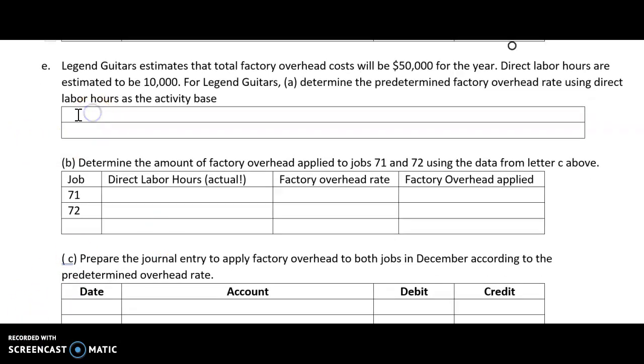So the rate is always calculated like this: estimated factory overhead divided by estimated base. So here our estimated factory overhead is 50,000. The estimated tells us how much we think we're going to have, because when we first set up this allocation rate, we don't know the actual factory overhead, so that's why we estimate.